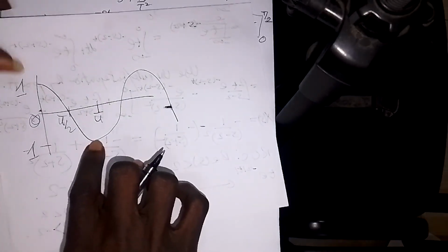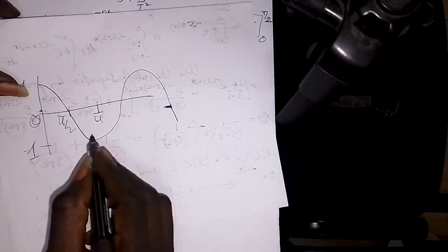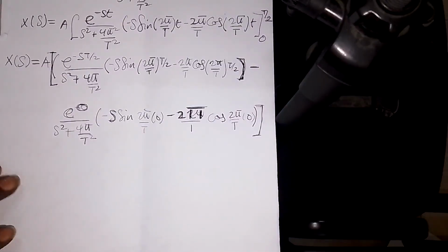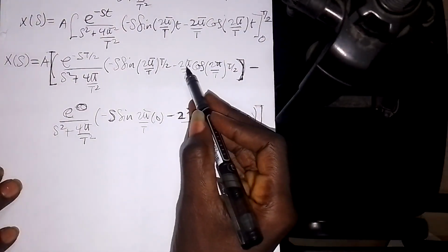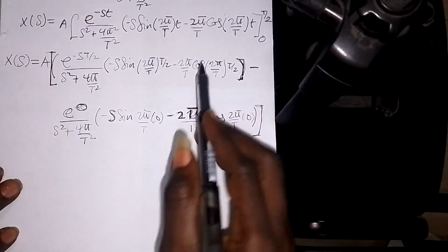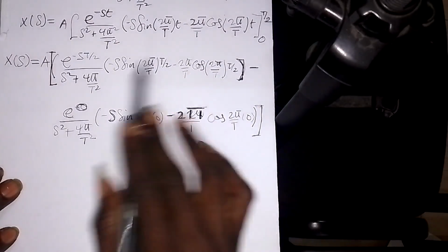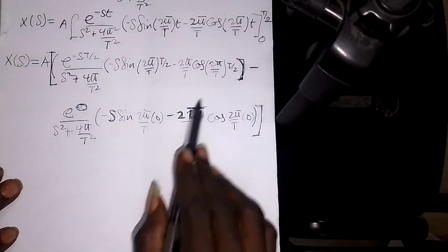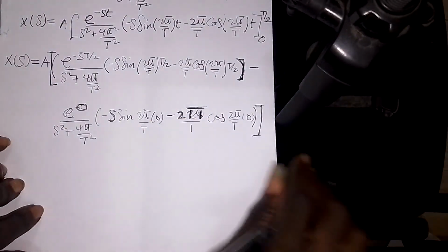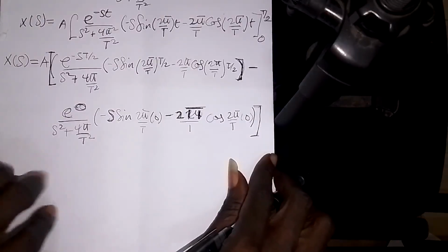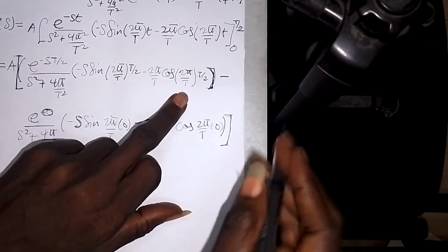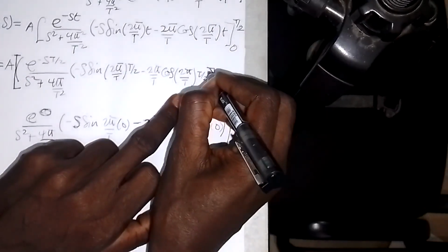So cos pi is minus 1. That means here becomes minus 1, and minus into minus becomes positive. Now that one into this one, so basically here I'm supposed to close with this one.